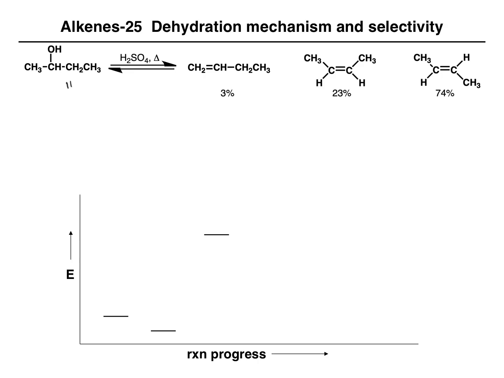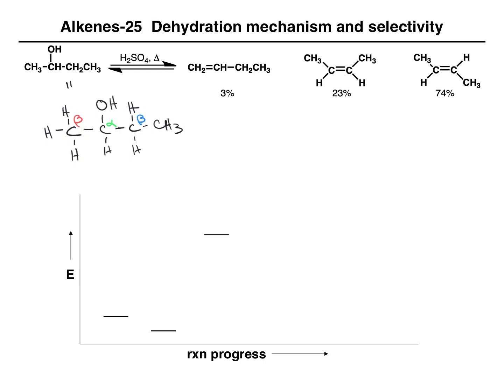So if we rewrite this starting material with a little more detail, here is our OH. Now keep in mind, this is our alpha position, this is a beta position, and this is another beta position.